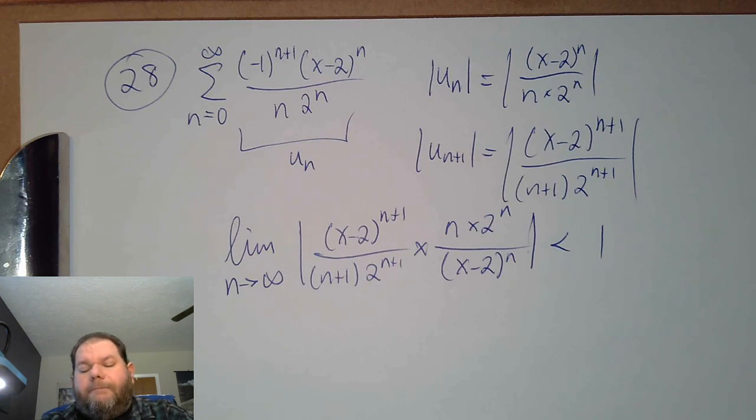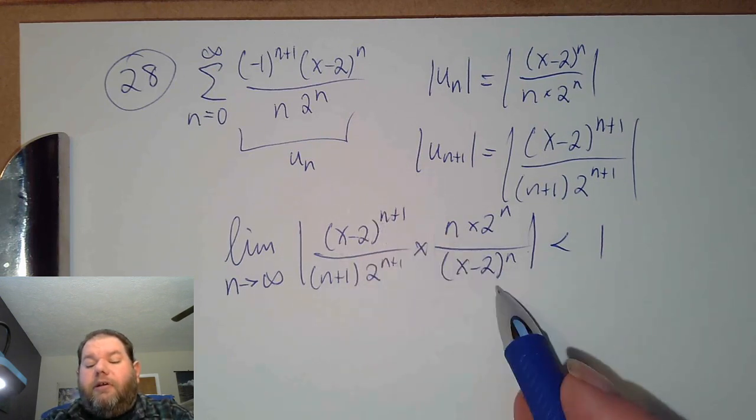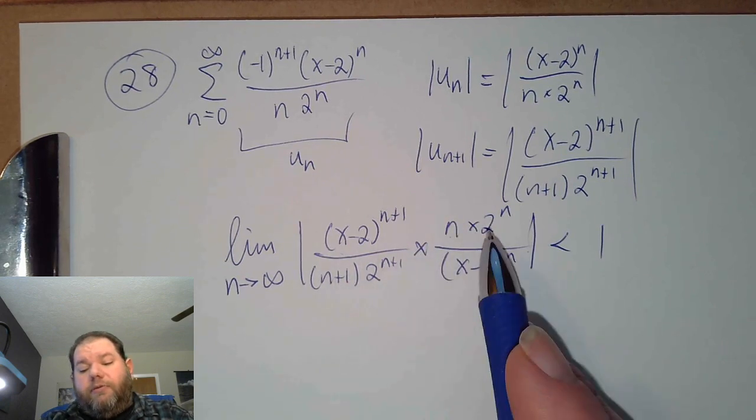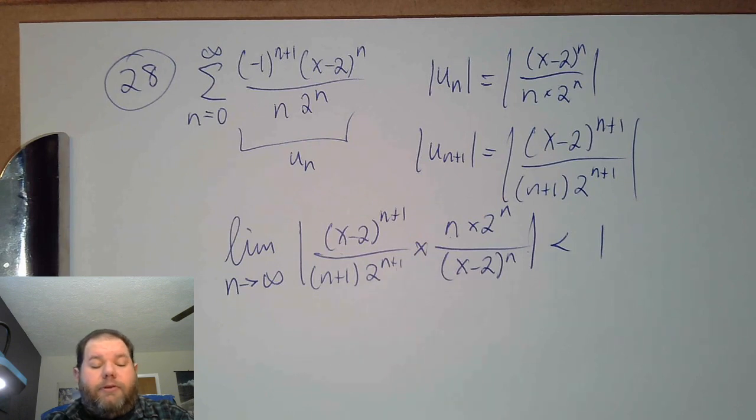Alright, but then we notice here we basically have three different types of terms. We have our x minus 2 terms, we have our polynomial terms n and n plus 1, and we have our exponential terms 2 to the n and 2 to the n plus 1.